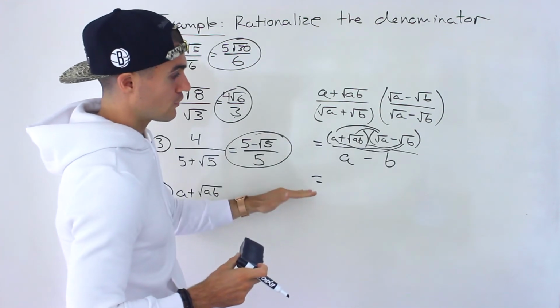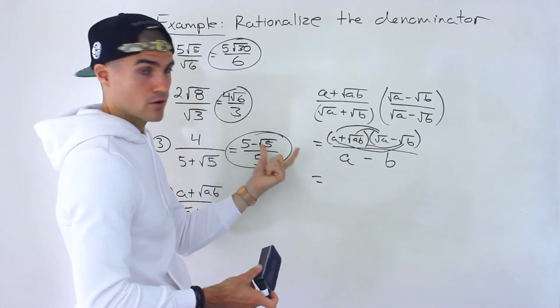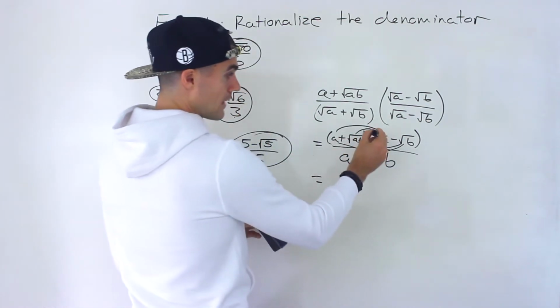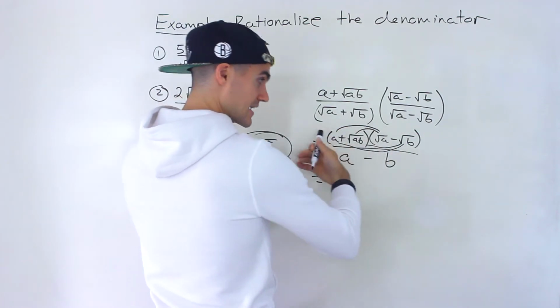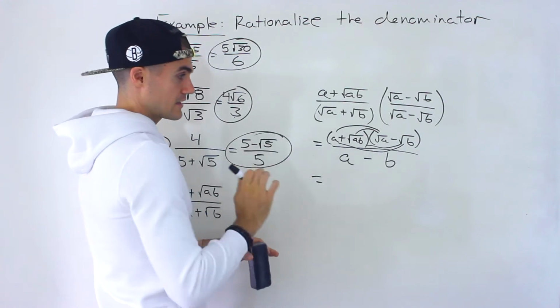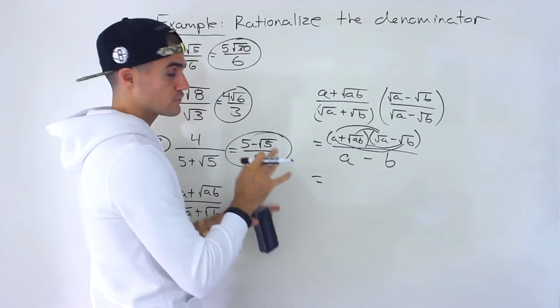So there's going to be a further answer maybe on a multiple choice test, and you're going to think you got it wrong. You didn't get it wrong, you just didn't simplify further. So you've got to make sure you do that. When you get something like this, expand it all and then see, does stuff cancel out? Can stuff maybe factor out that's going to simplify with this? You've got to make sure that it's fully simplified.